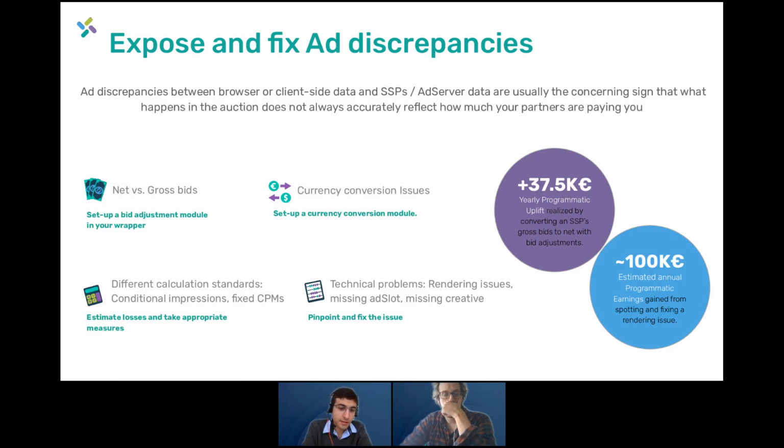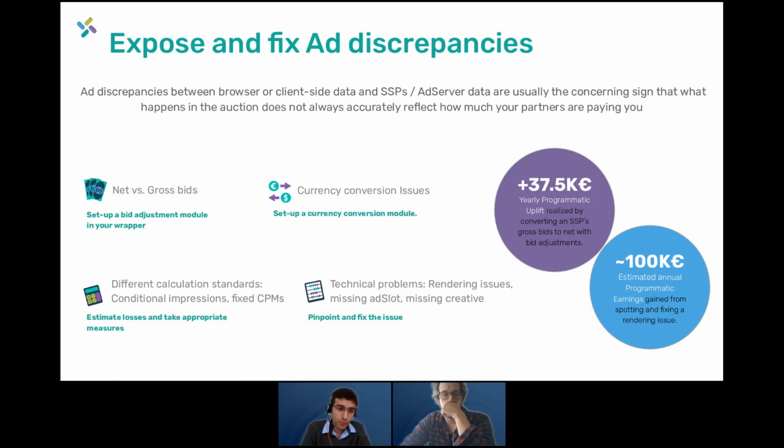If you have an SSP that is usually taking a cut of 15%, its gross bid will be €1 in this example, but the net bid will be 85 cents. If it bids in gross, then it will beat other potential competitors who will bid in the range of 85 cents to €1, and you will be losing the difference, because this SSP will win and it will pay a lower CPM than what you could have been paid by these other demand sources.